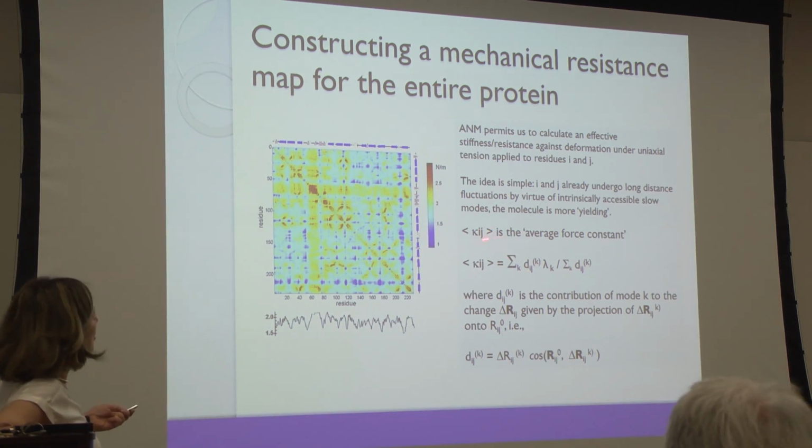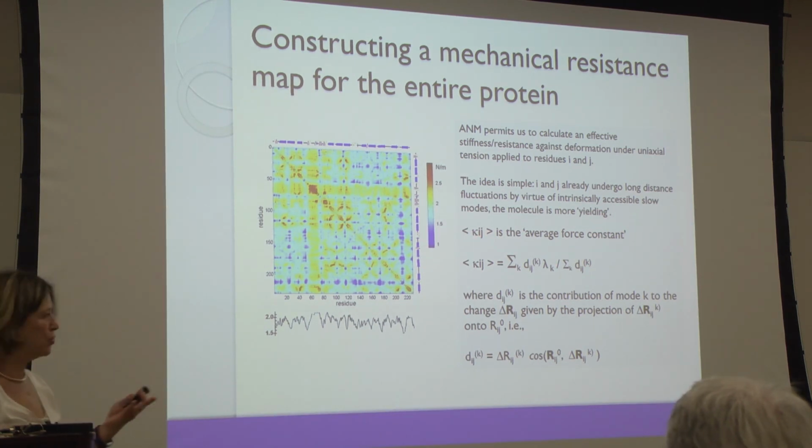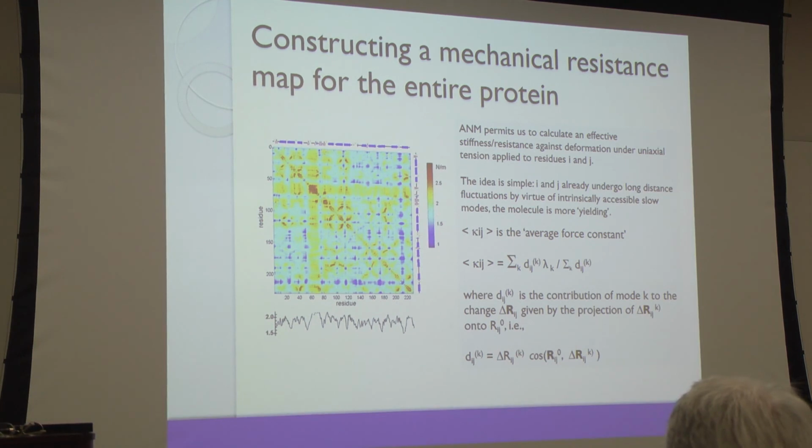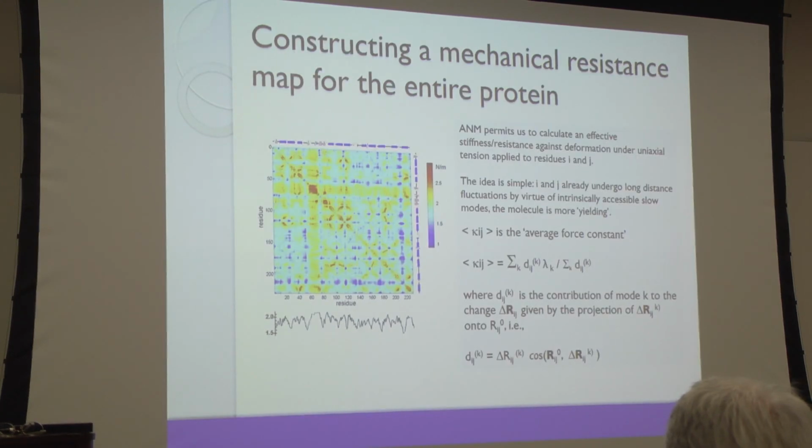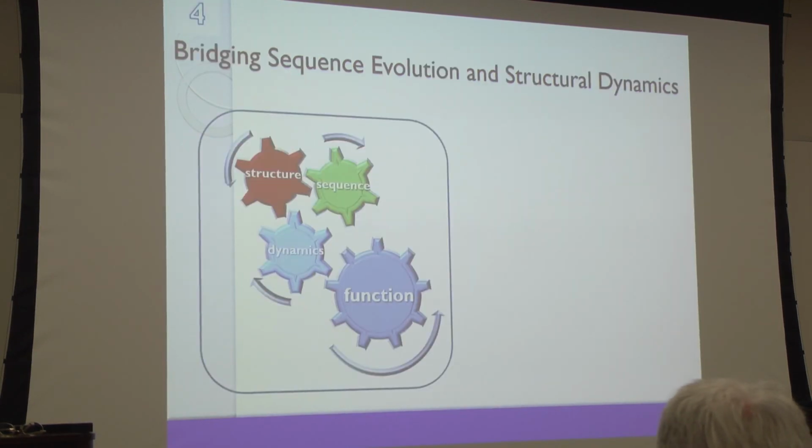However, the whole idea is to calculate an average force constant based on the contribution of different modes to the observed pair deformation. So the next topic would be to move to sequence analysis.